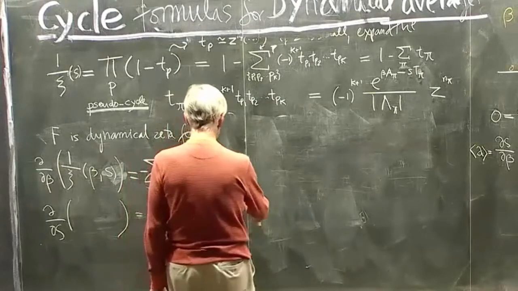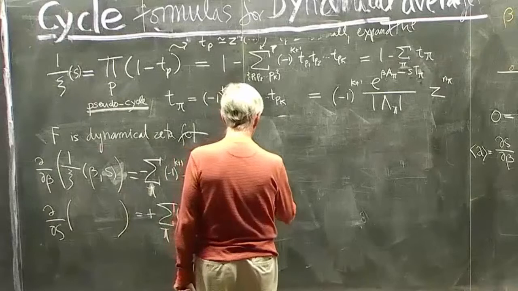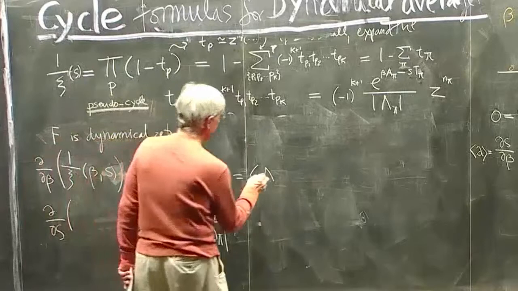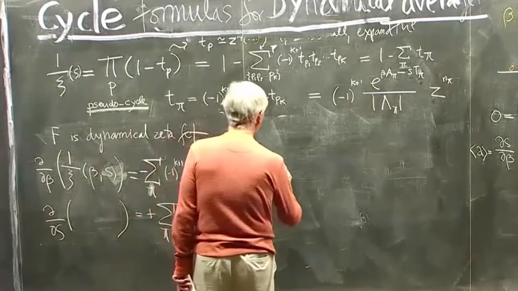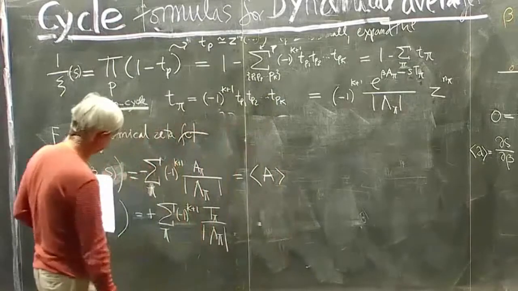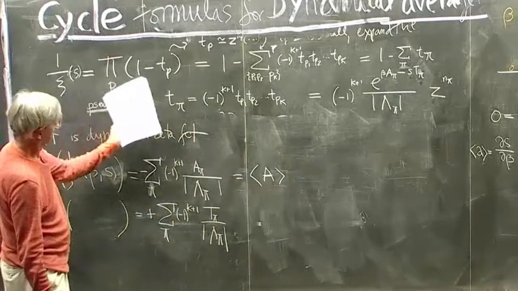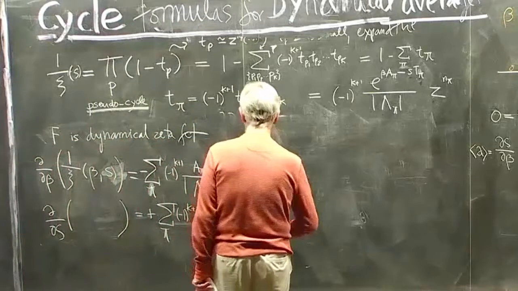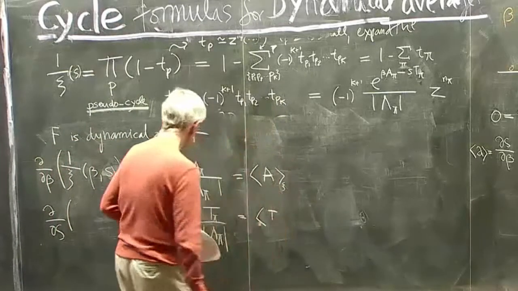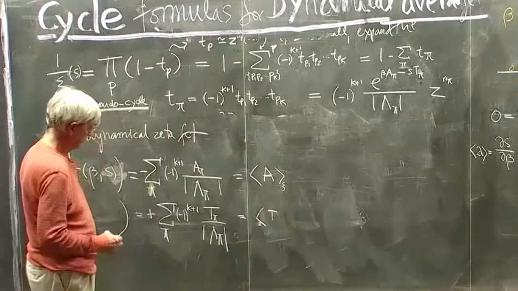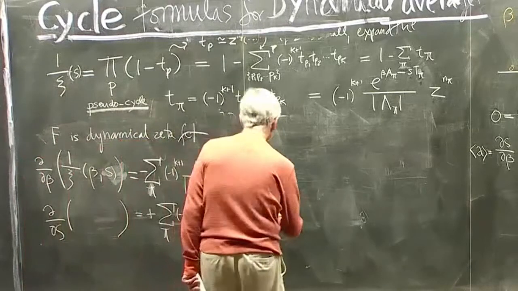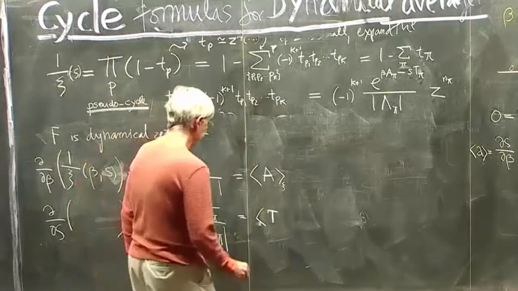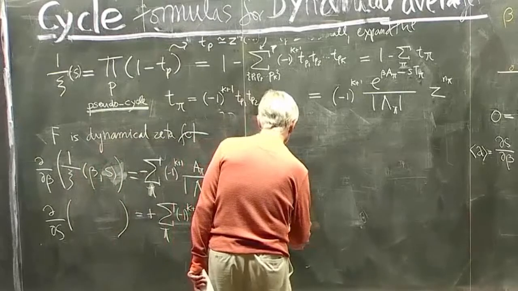And this is why I call these things the expectation value of A. So it's computed on all configurations, weighted by the cycle expansion for the zeta function in this case. So I'll call this zeta. And this is the expectation value of the mean time you get someplace, computed by sigma.